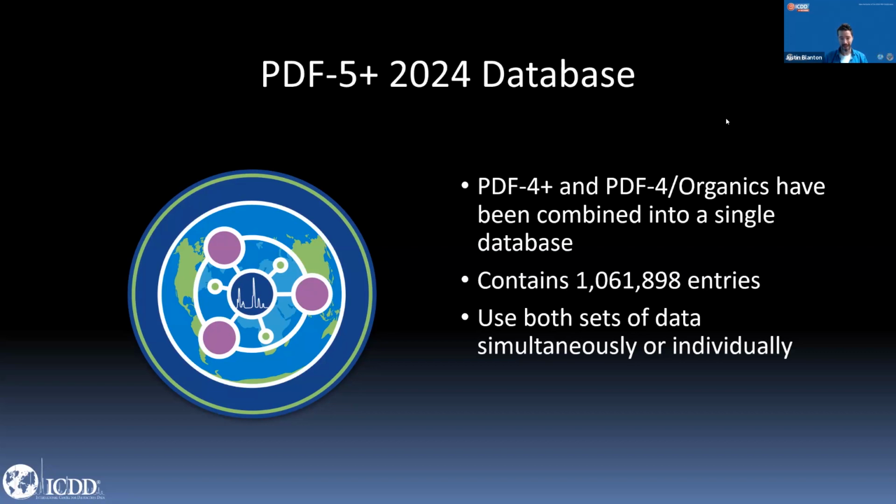You now will have access to over 1 million PDF entries, and these contain both the inorganic set and the organic set of data. You will be able to use both sets of data simultaneously or individually.